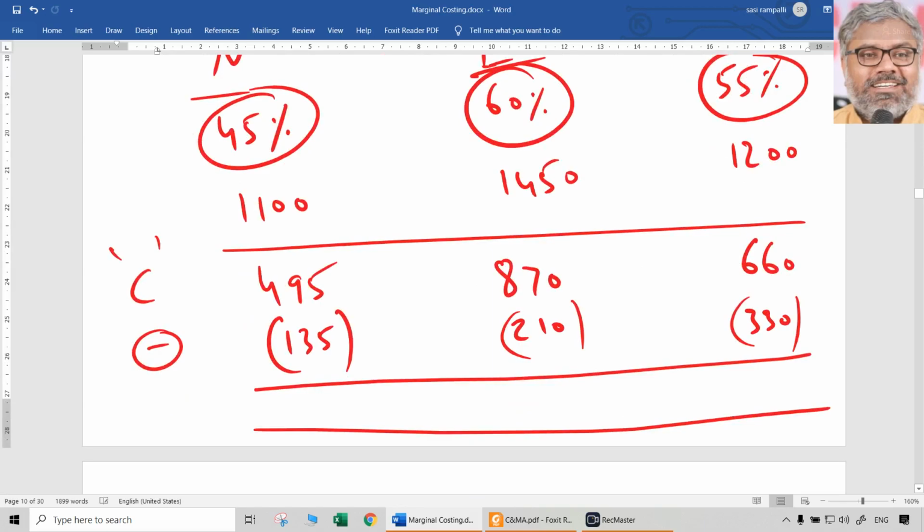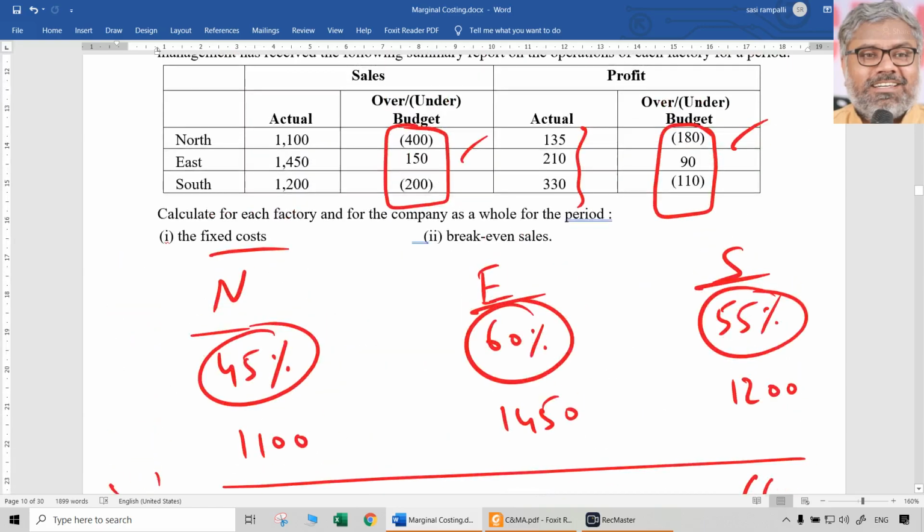So how much is the fixed cost then? 495 minus 135, 360. 870 minus 210, 660. 660 minus 330, 330. Right? So these are the fixed costs of each of these regions.